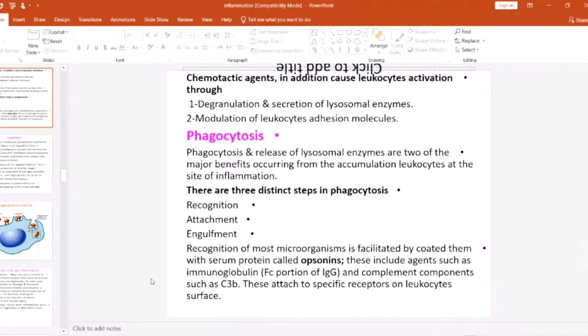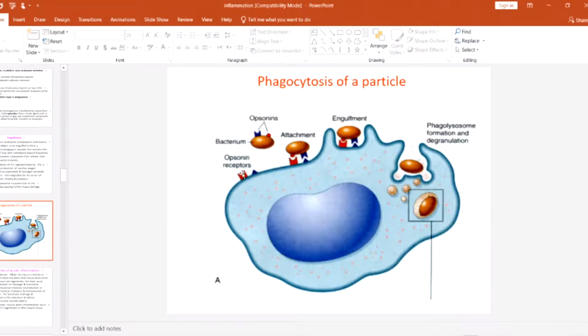This will bind the bacteria to the white BC. So opsonine is a protein present in the blood, for example IgG, meaning antibody, or the complement system. This opsonine has receptors on the bacteria and on the surface of the white BC.